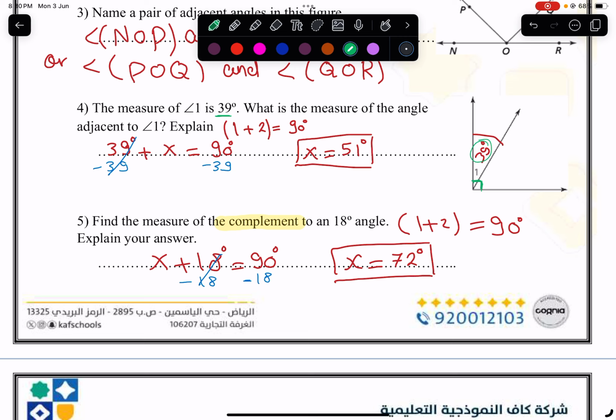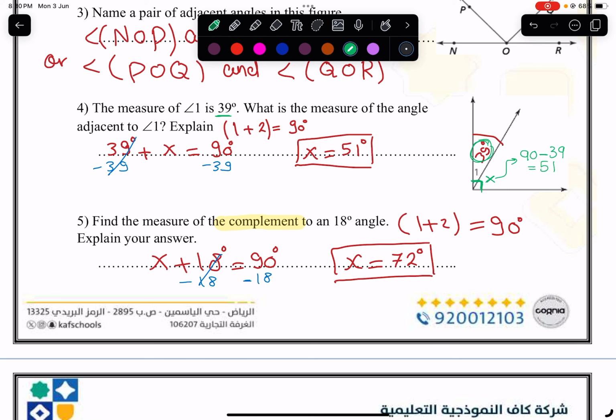So if I ask you to find this x, what do I do? I put 90 minus the other angle, 39. So it equals 51. A straight line is 180. A small square like that means a right angle.